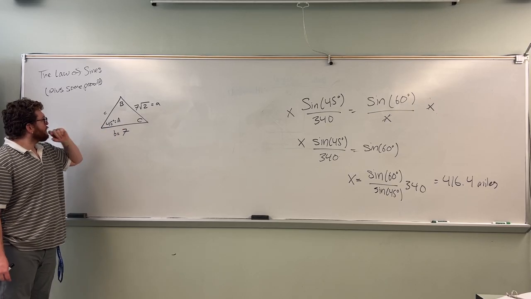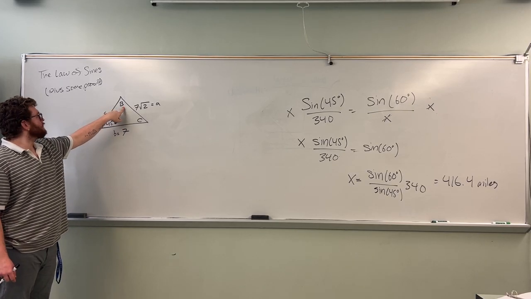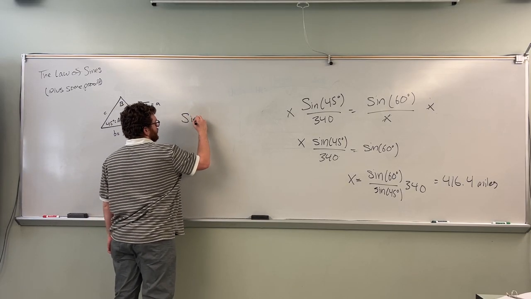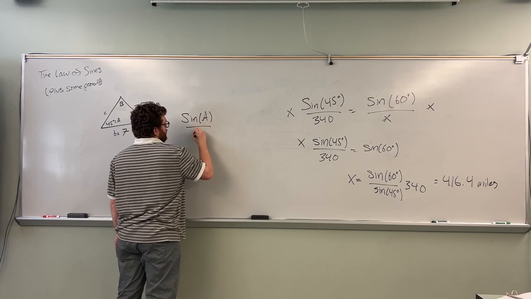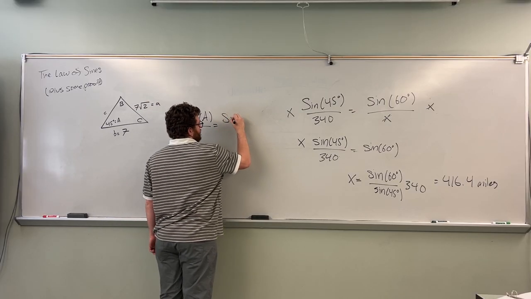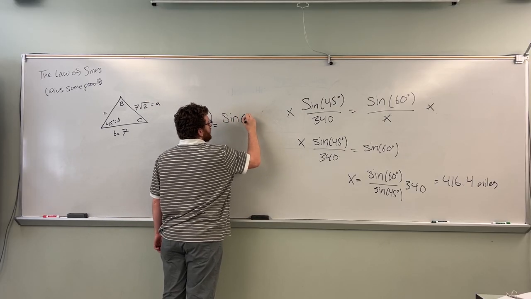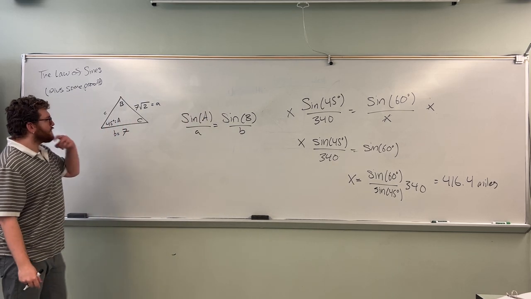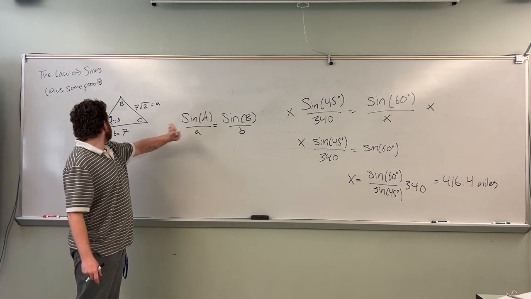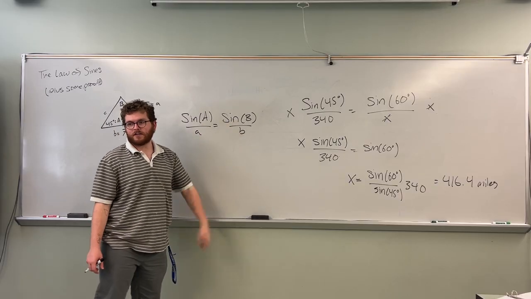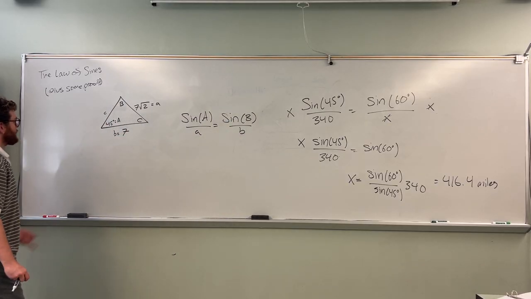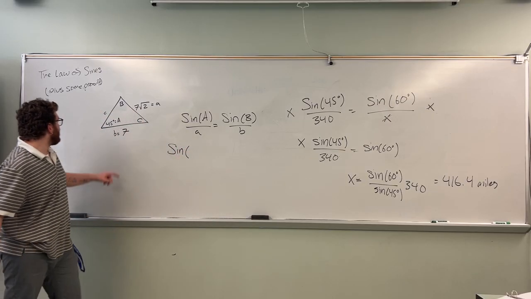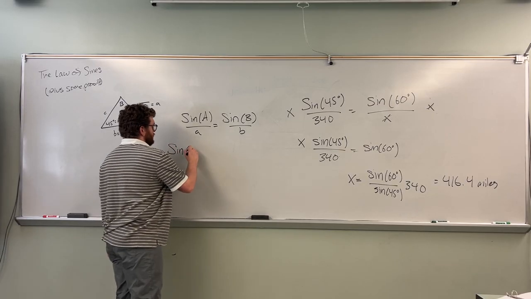Well, if I want to figure out, for instance, B here, I have sine of A over A equals sine of B over B. And I've got my information for this side, and I've got this side length here, so I can solve for sine B. So this is going to be sine of my angle A, which is 45 degrees.